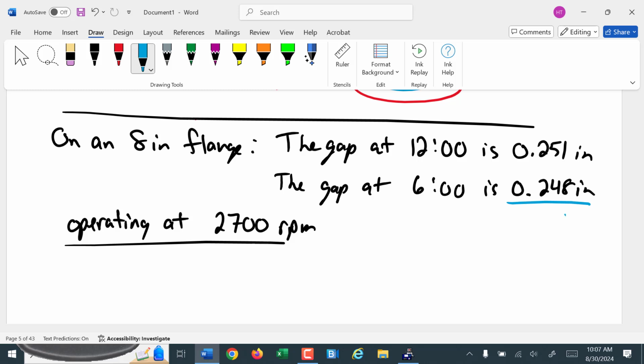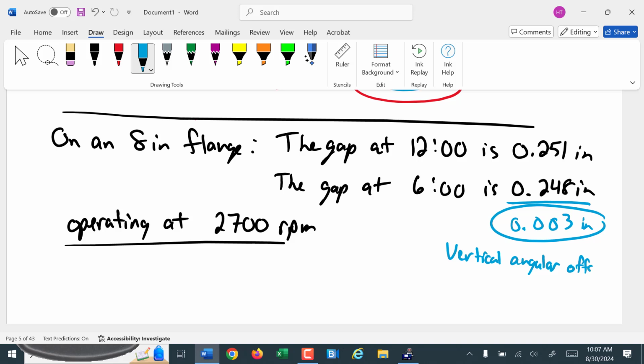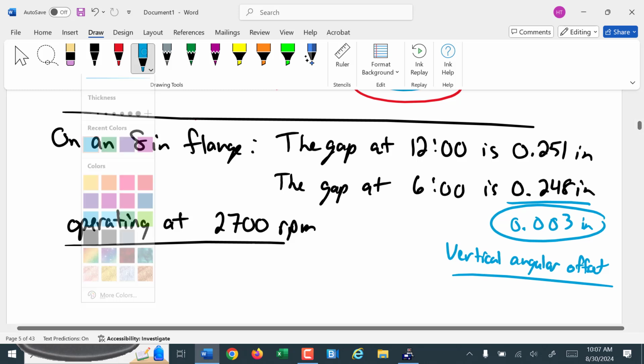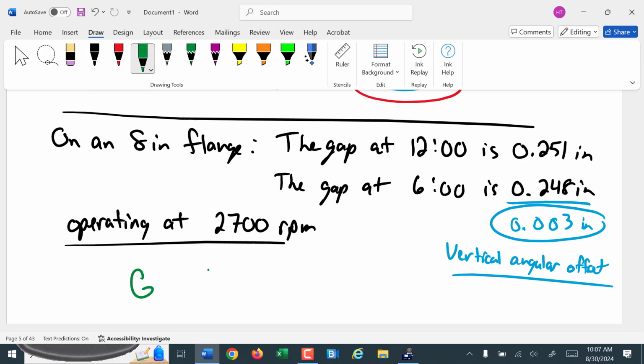Where would we start on this? Well, we have to get our actual offset, which is subtracting the gap at 12 and the gap at 6. What's the difference there? 3 thousandths. So that is what they call the vertical angular offset. So that is our little g.